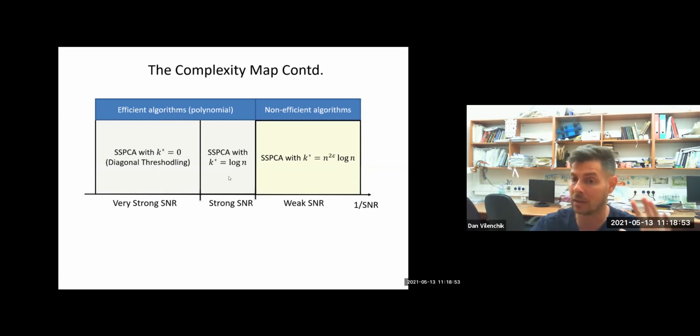And then if you want to get to the threshold of polynomial time algorithms, you have to do something more clever, like SDP or spectral algorithms. And then there's a threshold where, regardless of how smart you are, polynomial time algorithms fail, and then you need to do something non-efficient. And in this work, we showed that you can do something non-efficient, but still reasonable. We'll see simulations, still something that you can program on a cluster, run it and get results. That's the weak SNR regime.